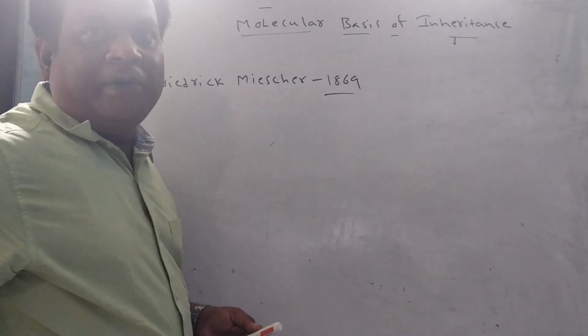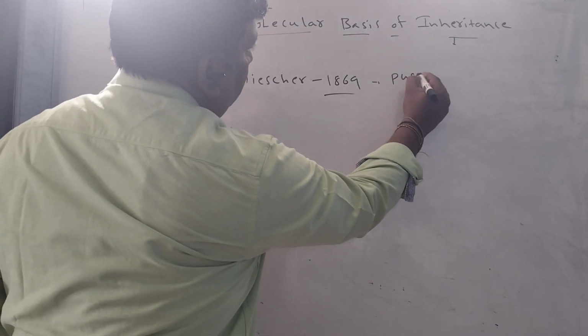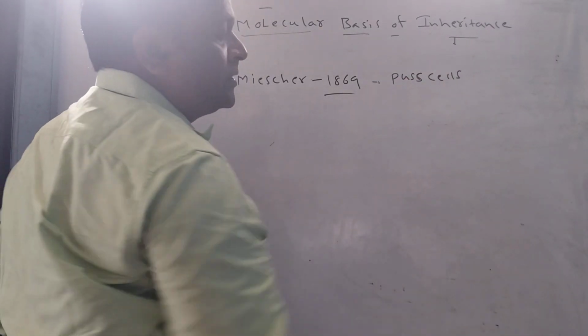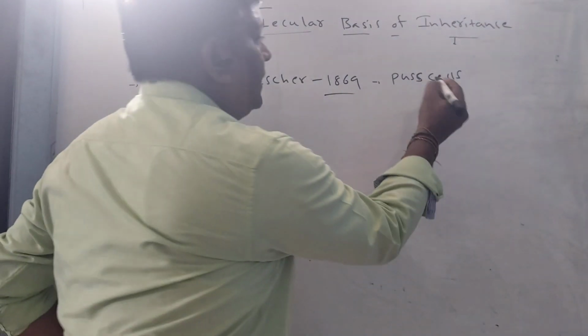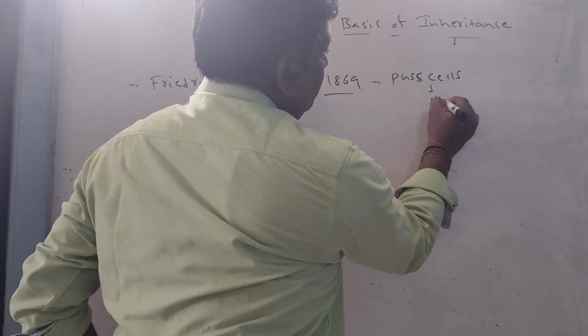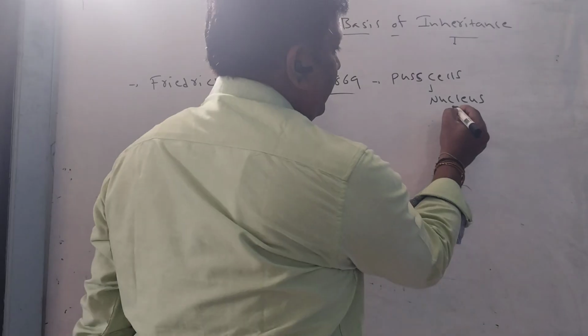This is also very important. In 1869, in pus cells, which are the leukocytes, inside the nucleus, he identified the genetic material.